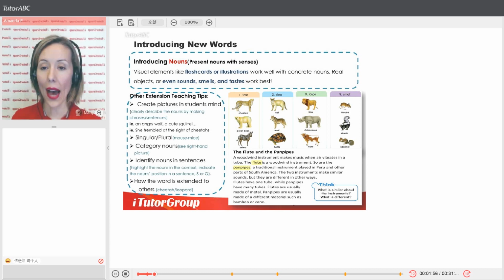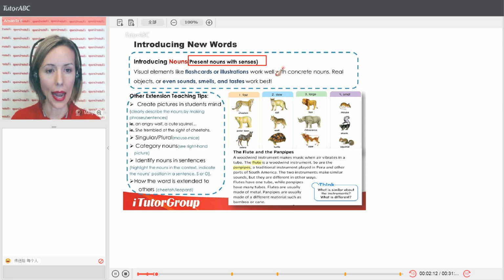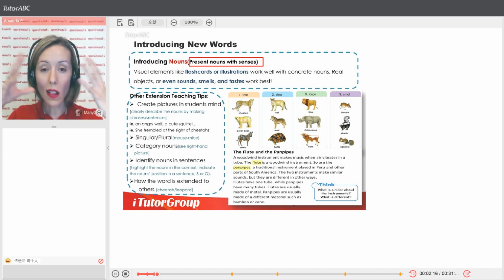Let's talk about how to introduce nouns. Now, nouns are probably some of the first words that a low-level student's going to learn. Everyone learns nouns, and that also includes our high-level students too. When we present nouns, especially concrete nouns, we want to try and present the nouns with all our senses.